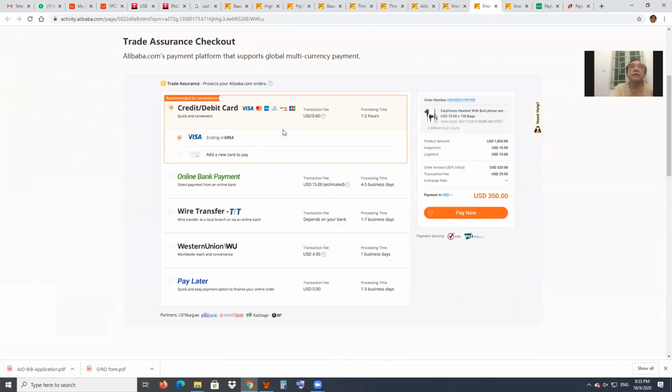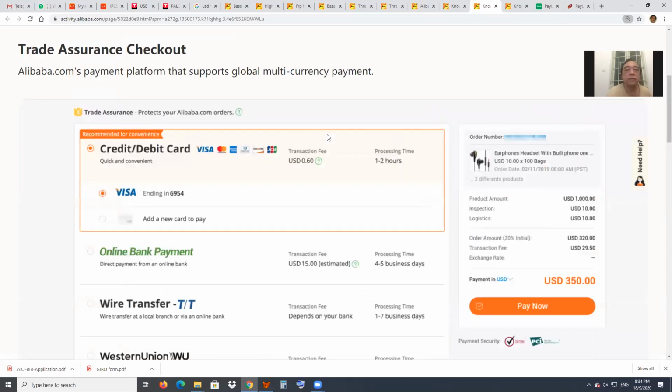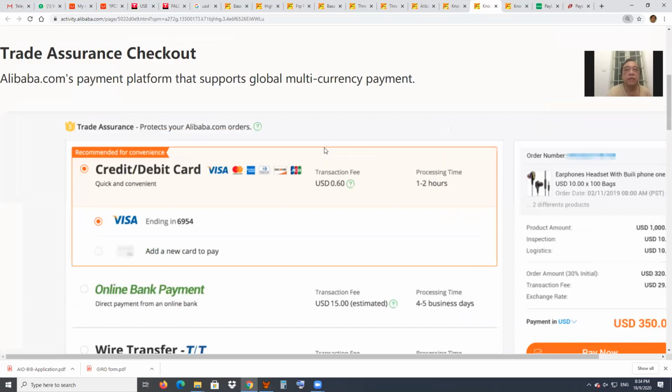And the problem here is US dollar. It's not renminbi. So China has this very strange regulation. In China, when they want to export, it has to be in US dollar.